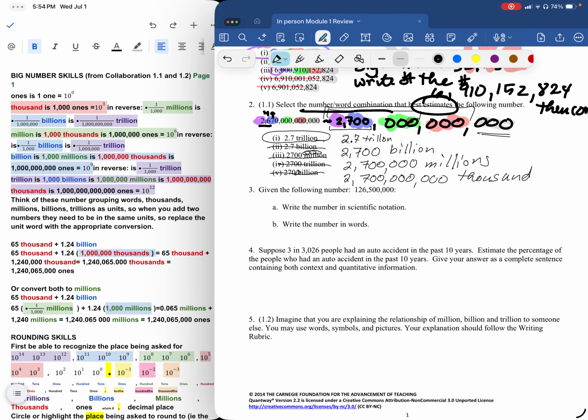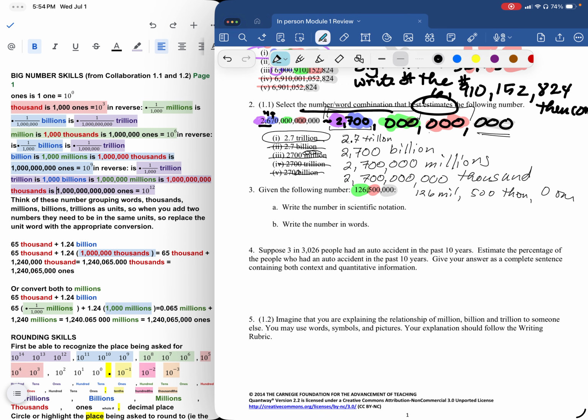Given the following number, and again, we can analyze this as 126,500,000 and 0 ones.